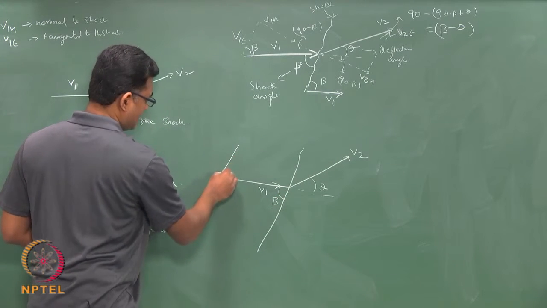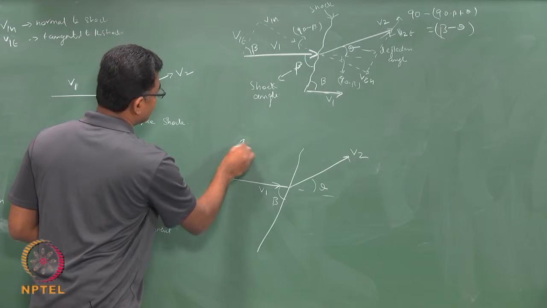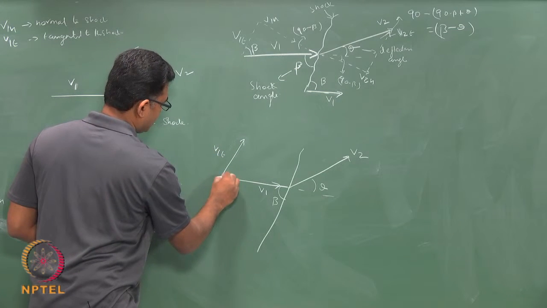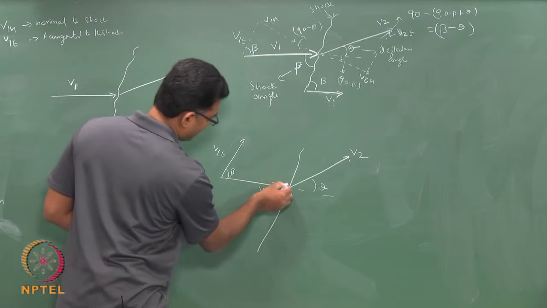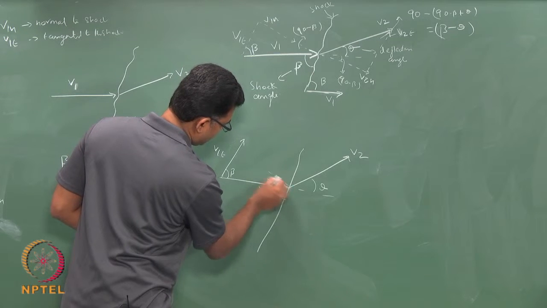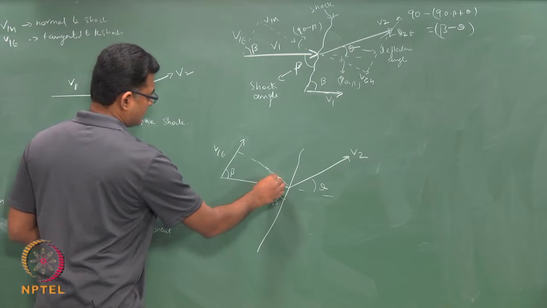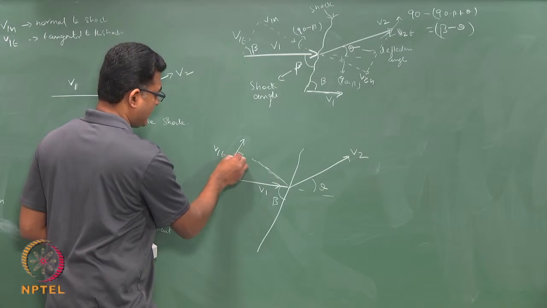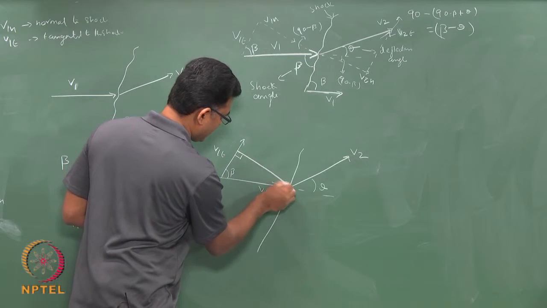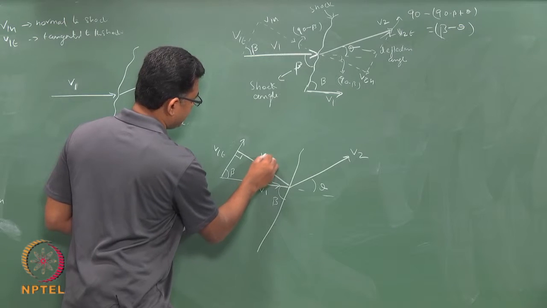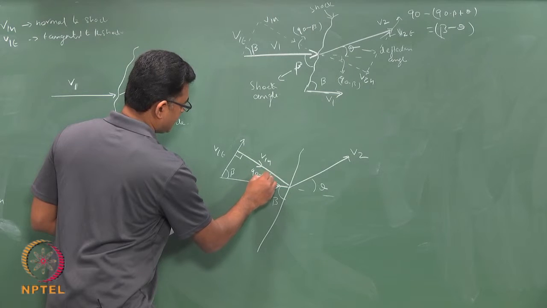So, the tangential component is V1t, is making a beta with V1, then I have a normal, so this is 90 degrees, this is my V1n, so this is 90 minus beta.